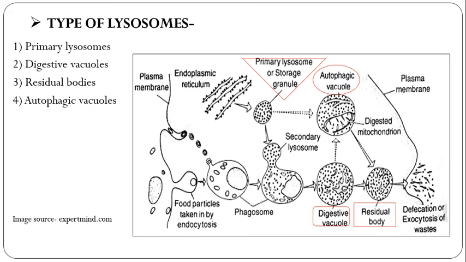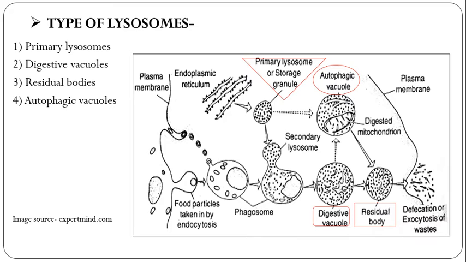The primary lysosomes may be charged preferentially with one type of enzyme or the other. Got it? In the primary lysosomes, the first reaction is the acid phosphatase reaction, and the second type is the digestive vacuoles.